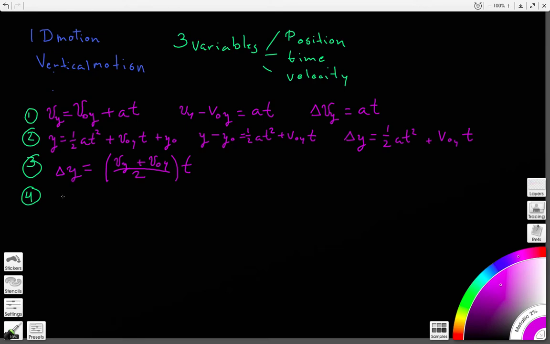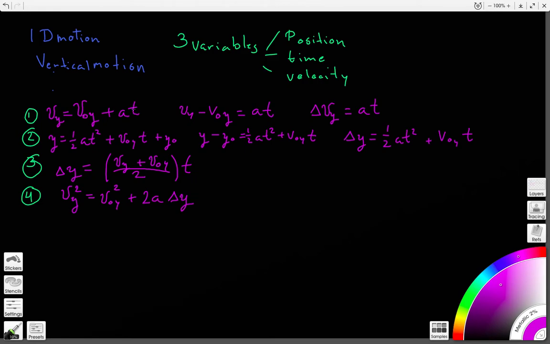And my final equation relates only velocities. It does not have anything to do with time. So Vy squared is equal to my original velocity in y squared plus 2 times acceleration times my change in position. This one does not involve time.